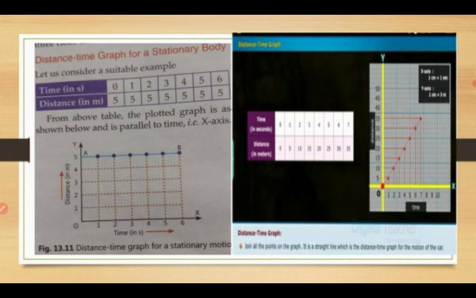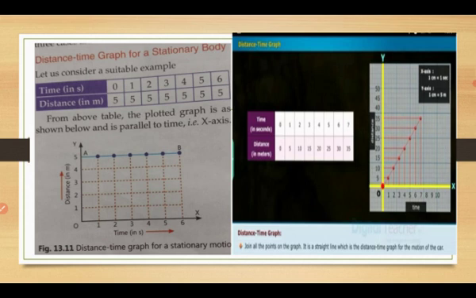The distance is 5 meters in the first second, again 5 meters in the second, third, fourth, fifth and sixth second. It means with respect to time the distance of the object does not change. It means this object is not in motion. In another way we can say that the object is at rest or in a stationary condition.